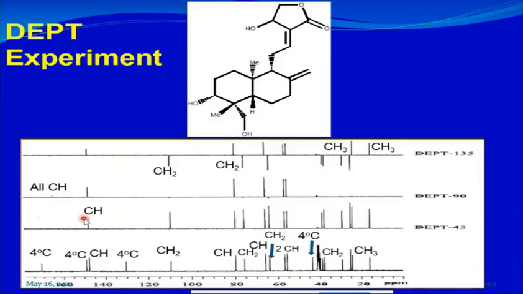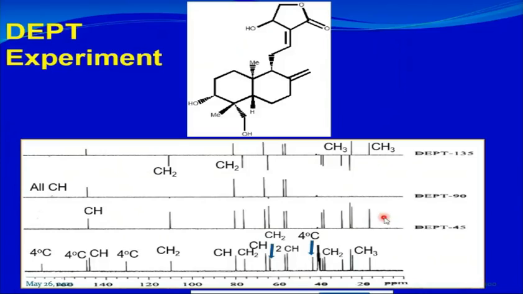All the signals that are present in depth 135 are present in depth 45. Compare. This one is present. This is present. This is common between these two. These two are common. These two are common. These two are present. And these three are present here. And this one is also present. So all the signals in depth 135 are also present in depth 45.